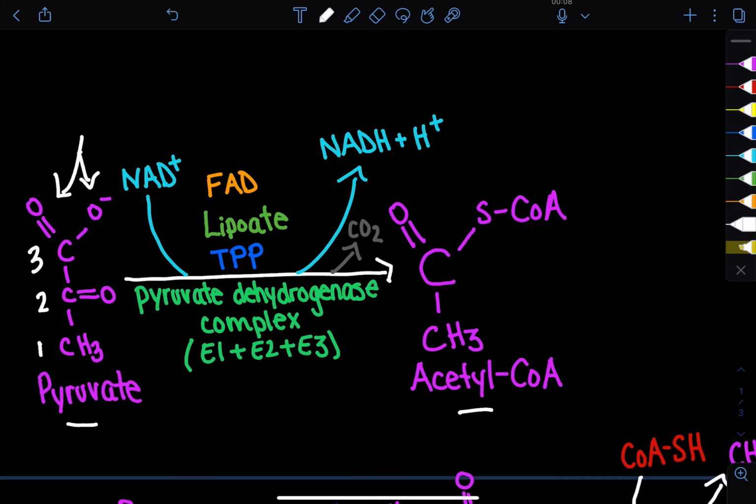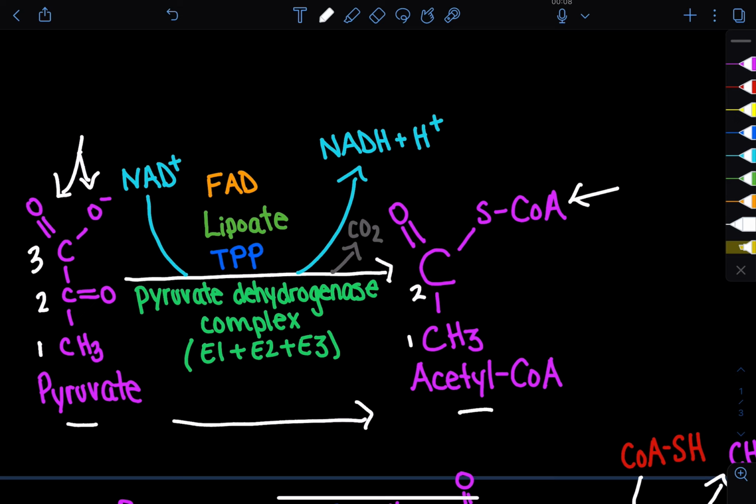So pyruvate is essentially an acid. But if we take a look at acetyl CoA, we have this coenzyme A group right over here, and we have 1, 2 carbons. So one carbon going from pyruvate to acetyl CoA is going to be lost. We can actually see that carbon over here, and it's lost as carbon dioxide.